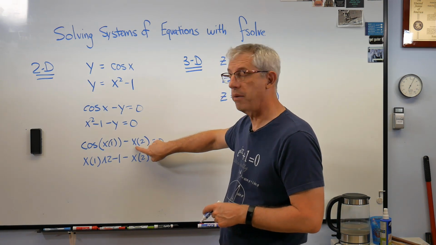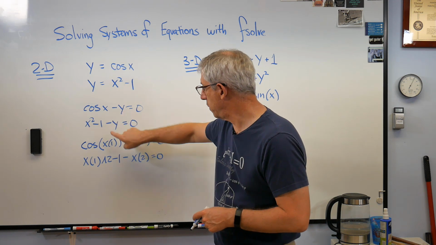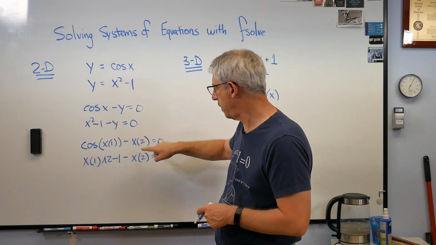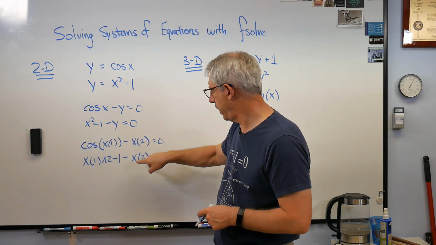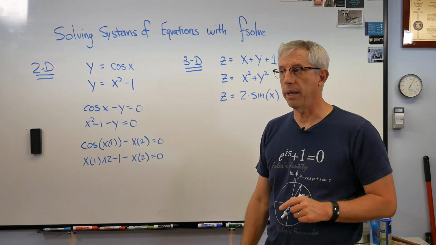The second element of that vector is my second variable, x2. So there's the 2. So x1 is there, x2 is right there. There's the cosine, so we're okay with that. Here's x1 squared minus 1 minus y. There it is. So this is how I'm going to write this out for MATLAB.